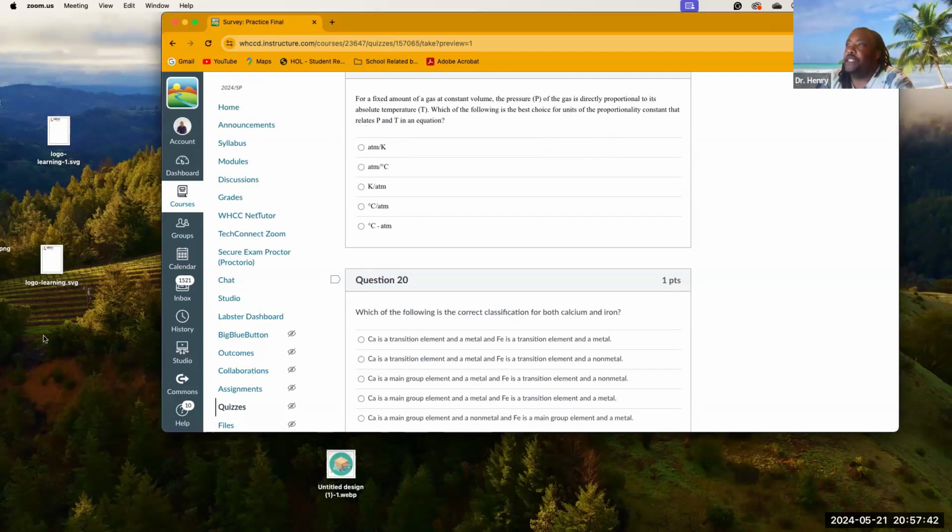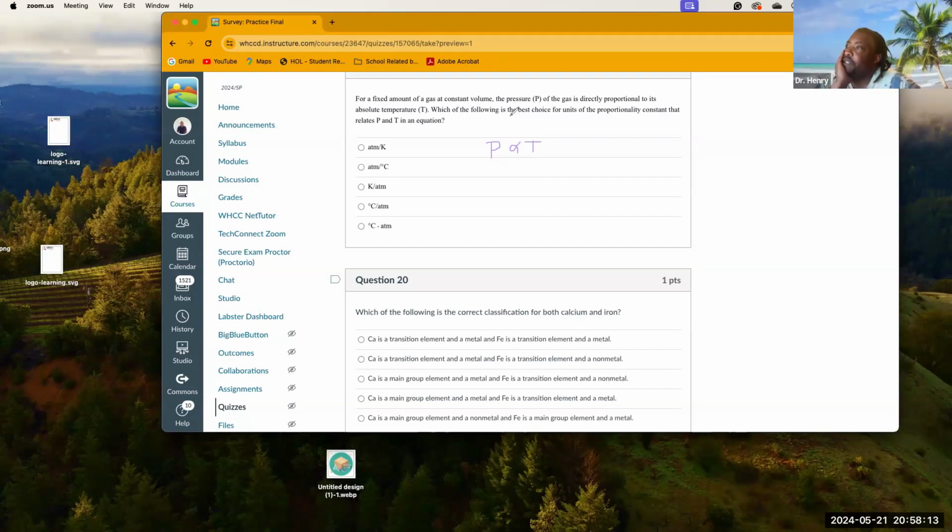So for a fixed amount of a gas at constant volume, the pressure P of that gas is directly proportional to its absolute temperature. So we're saying P is directly proportional to temperature. Okay.